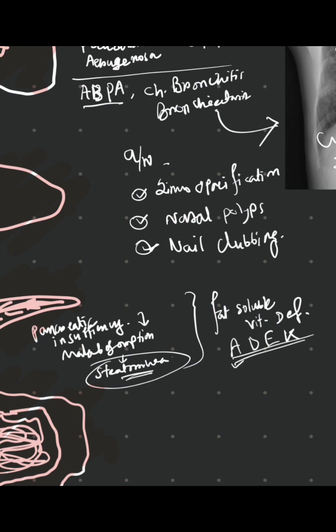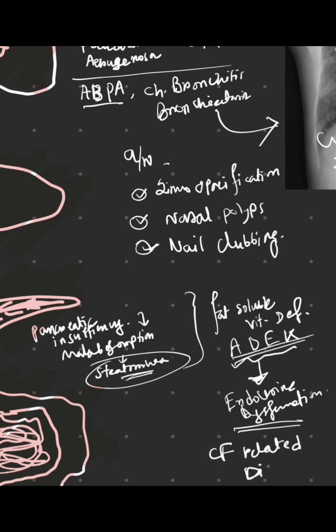Due to deficiency of these vitamins, it may also lead to some endocrine dysfunction. There is a disease entity known as cystic fibrosis related diabetes. It is an endocrine disease which is related with cystic fibrosis.